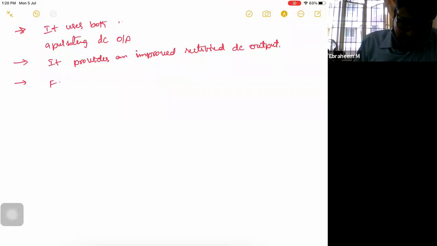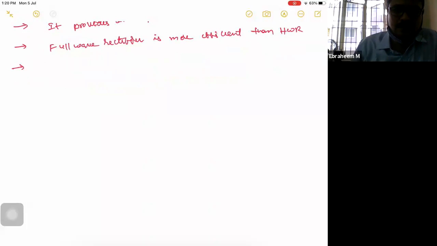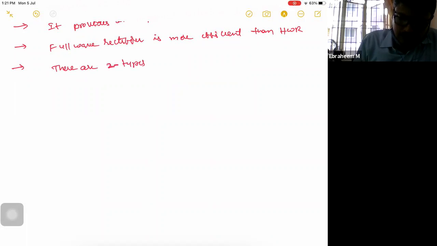A full wave rectifier is more efficient than a half wave rectifier. There are two types of full wave rectifiers.